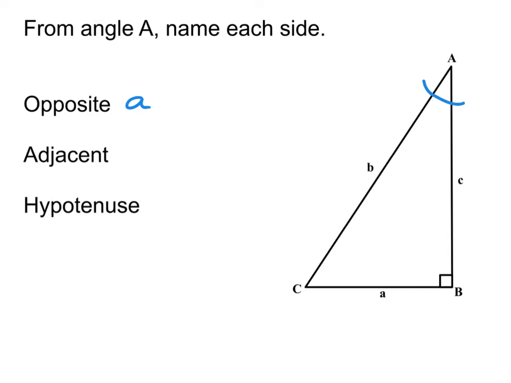All right, the adjacent. Well, the adjacent is the side that is next to the angle, but you could be saying that either of these two sides is next to the angle because it does touch both of them. So a nice way to get around that, at least at first while you're getting used to this, is to skip ahead and go to the hypotenuse and then go back to the adjacent after that. Because the hypotenuse is the longest side. Or you could also think of it as the opposite side from the right angle.